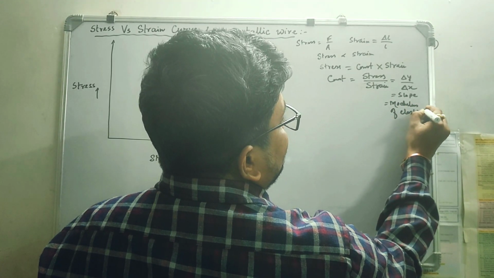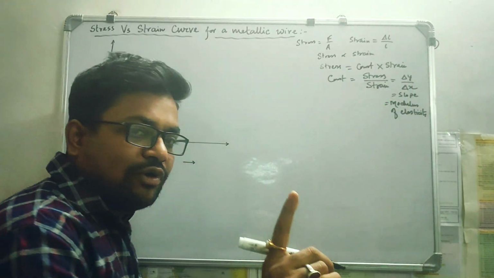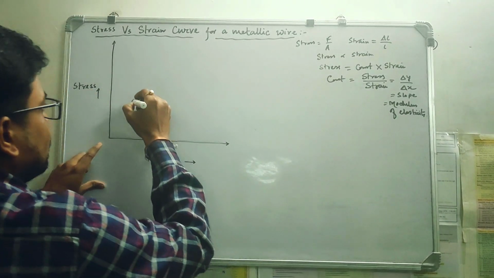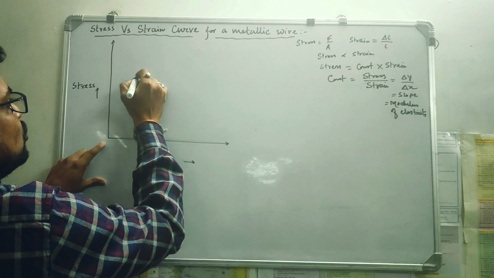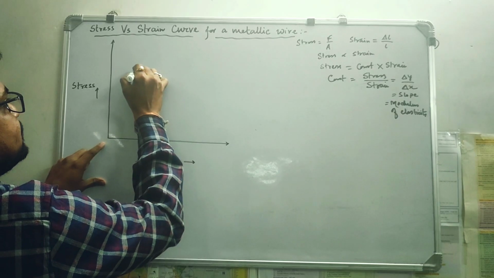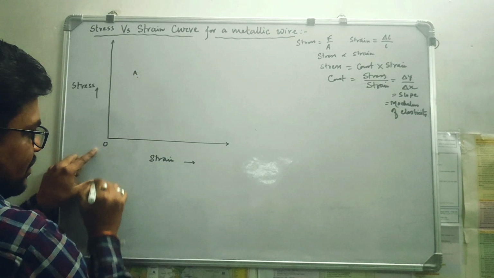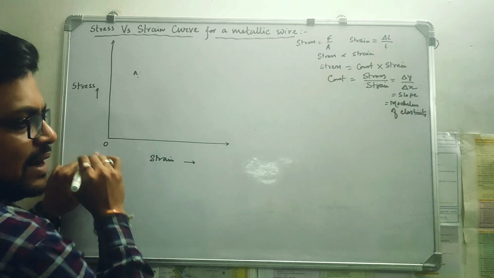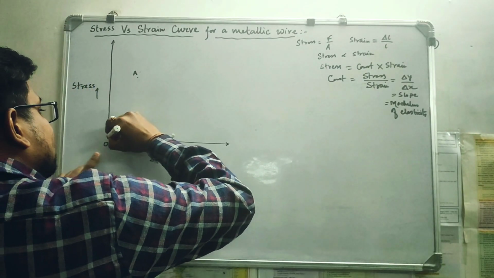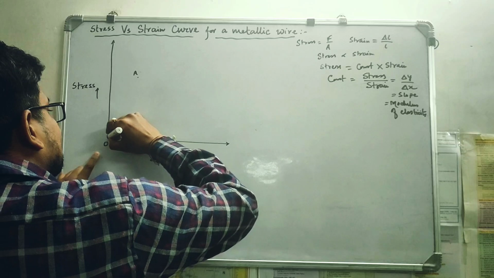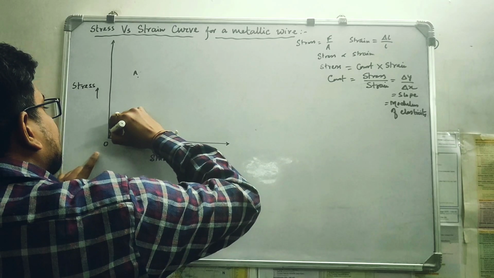Now let me show you. Let us assume a point A. From the origin we apply stress and take the corresponding strain, drawing a stress versus strain graph.